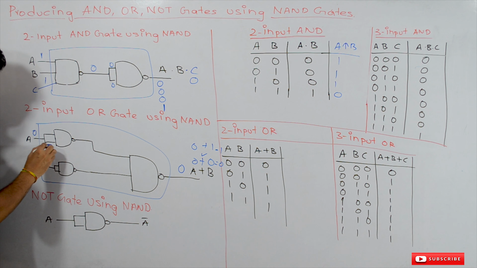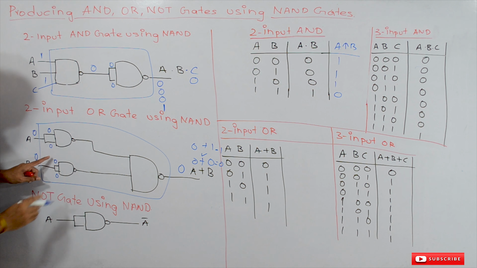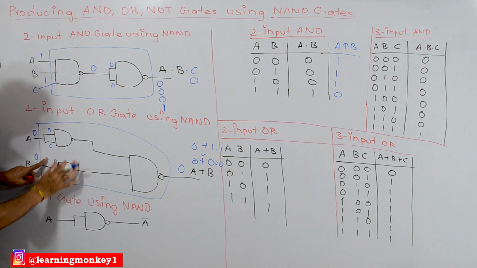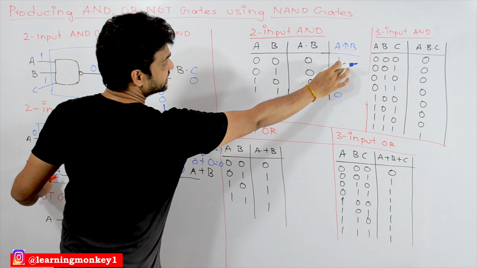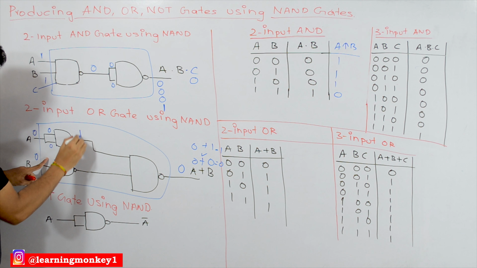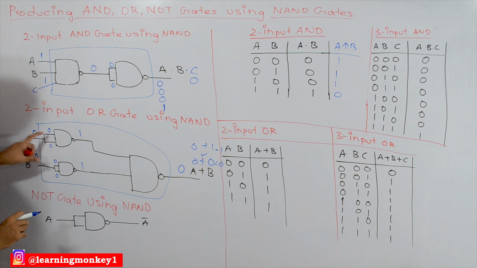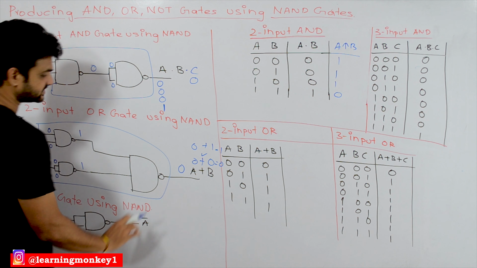If you take the input 0 0, this is a 2-input NAND gate, and similarly here it is also 0 0. What will these NAND gates produce for 0 0? For 0 0 the NAND gate will produce 1. These two ones will be the inputs for this NAND gate.